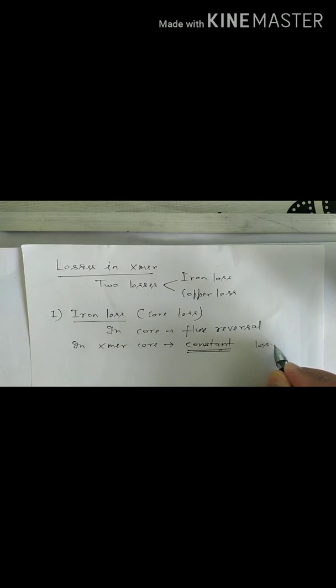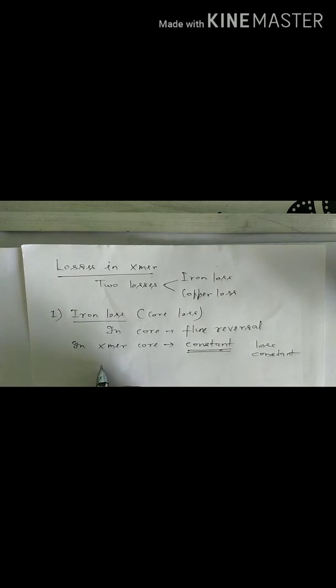So loss is also constant. It does not depend on load. So the loss is remaining constant from no load to full load. No issue whether load is present or absent or it is partial. The flux is constant, therefore loss is also constant.